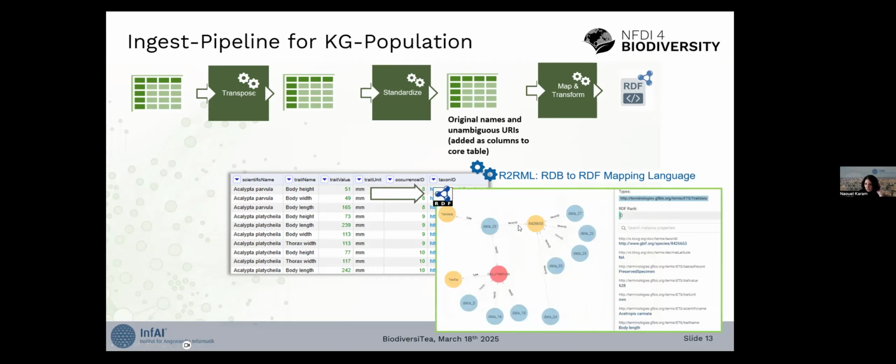And we can generate basically the RDF graph from the table. For instance, here you can see the observation 25 with the taxon ID for this species, and additional attributes, for instance, which traits have been measured, the trait value, and so on.